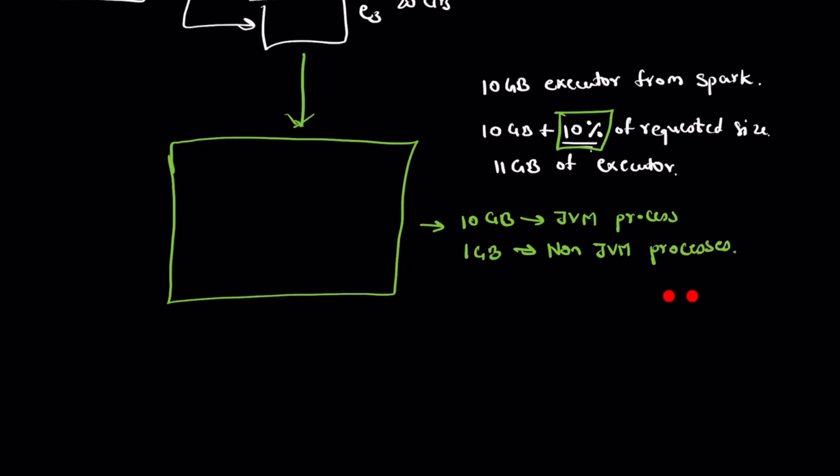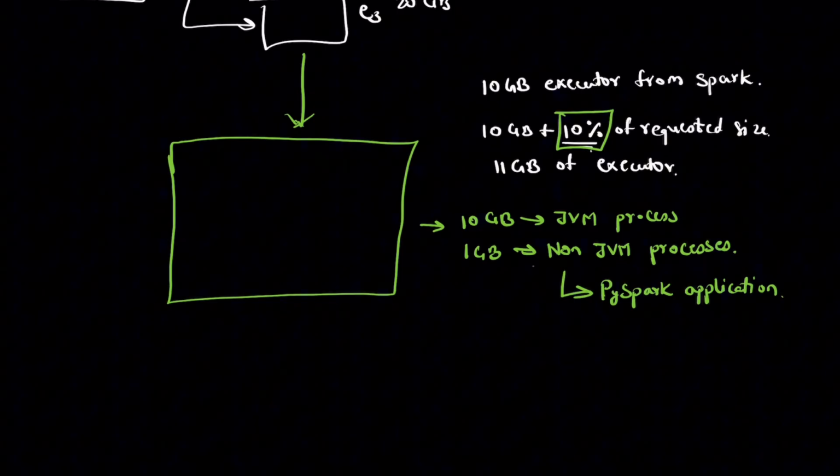So what are non-JVM processes? Non-JVM processes would be like the PySpark application. In our Spark architecture video, we have seen how the PySpark application is converted into the JVM application. So I would highly recommend watching our Spark architecture video to get more understanding on it.